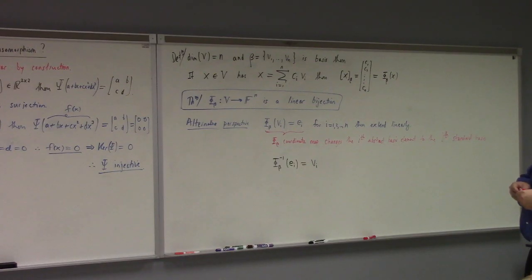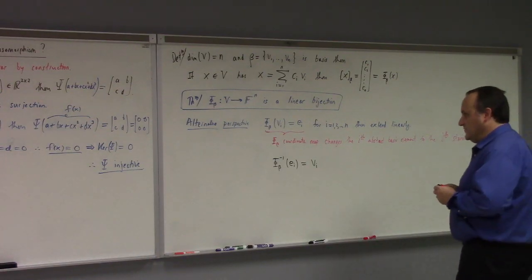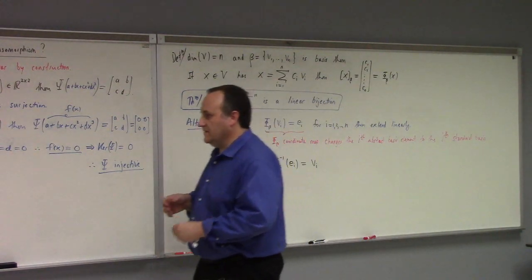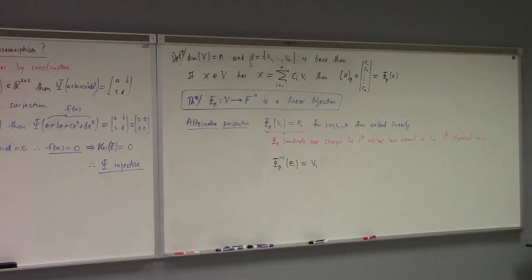So I want to show you a proof that any two vector spaces of the same dimension are isomorphic, all right? Now, one way you could prove that is if you already have the theorem that I've mentioned, that if we have a linear map that sends a basis to a basis, it's an isomorphism, right?